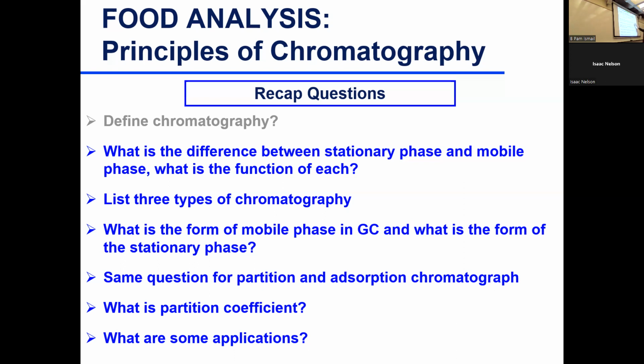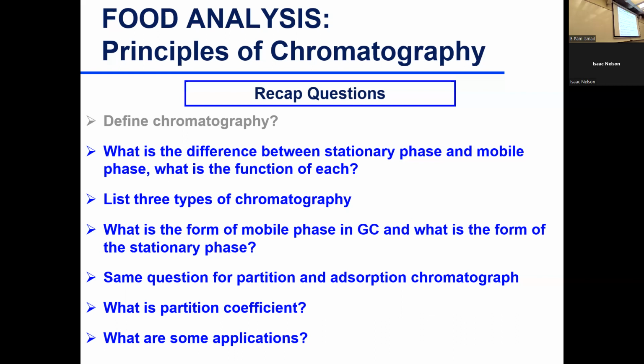Okay, good. So list 3 types of chromatography. Reverse phase, that's a mode of separation. Reverse phase is correct, but we want types. Oh, okay. GC, yes. HPLC, and there's one more we didn't talk about. Does anybody remember?